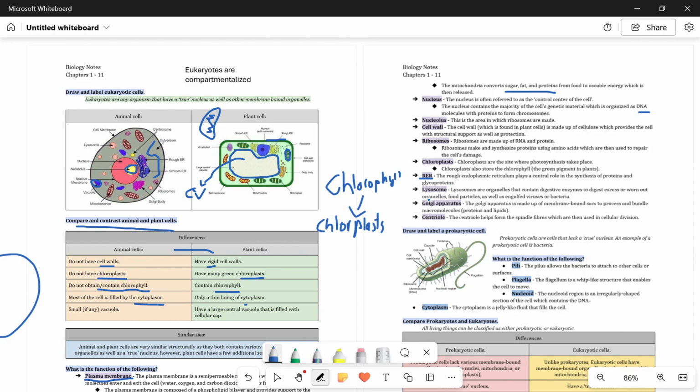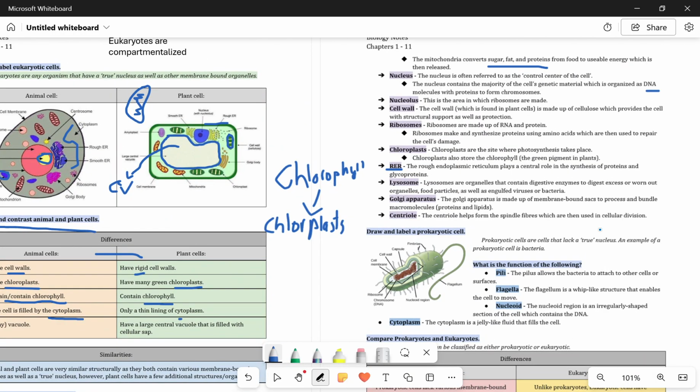Then you have the Golgi apparatus, made up of membrane-bound sacs to process and bundle macromolecules. It processes proteins and then sends them out. Then you have centrioles, which help form the spindle fibers, which are used in cellular division, mitosis and meiosis, and that is another unit on its own.